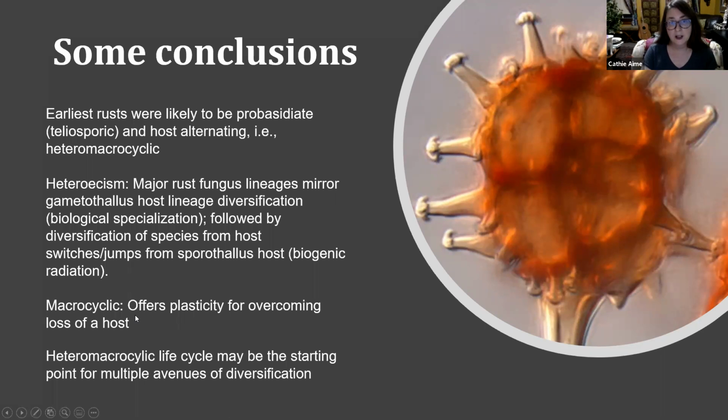And it also offers a lot of plasticity for overcoming the loss of a host, which if you depend on one host would be fatal. If your host goes extinct, it would be fatal.